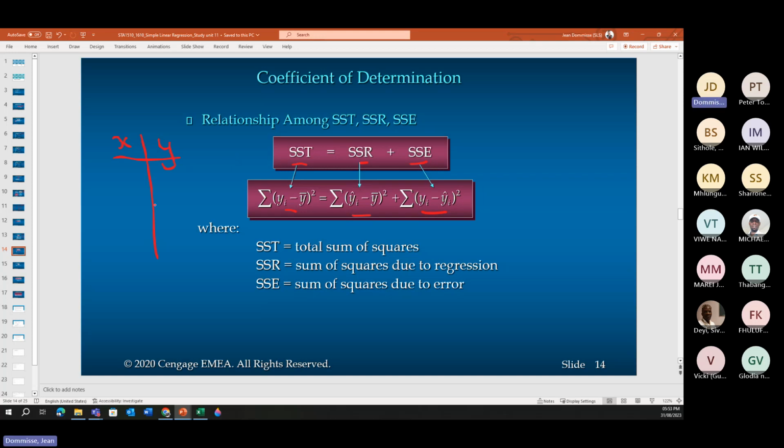What they sometimes do, and just be aware of that, obviously to trick you, is write the data set with the Y's first and the X's second.